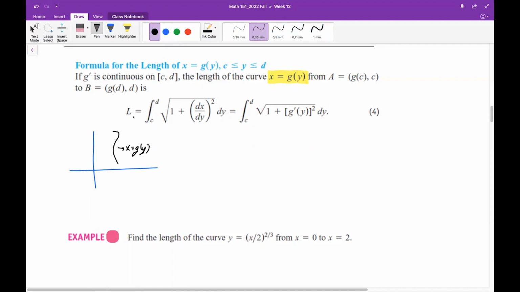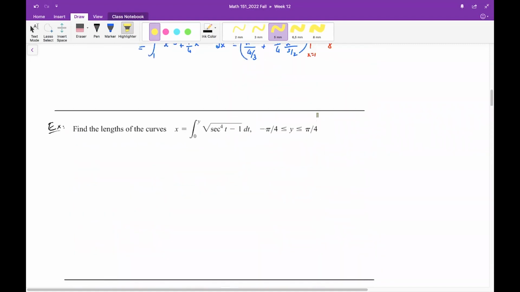Then you can use your length formula with respect to y. That's why this is the y derivative of the x function. So x differentiated with respect to y, where x is g of y, can be written as g prime of y. So we already covered this formula above. Now we will apply it on this example. Find the lengths of the curves.